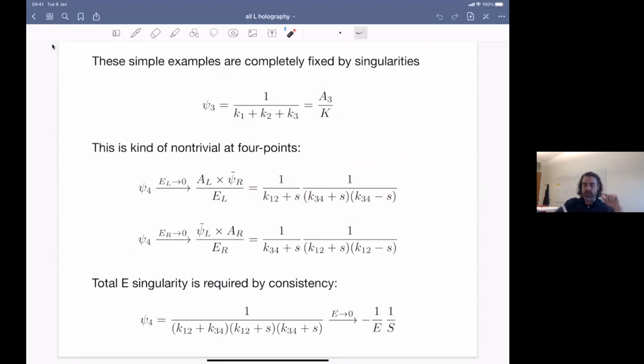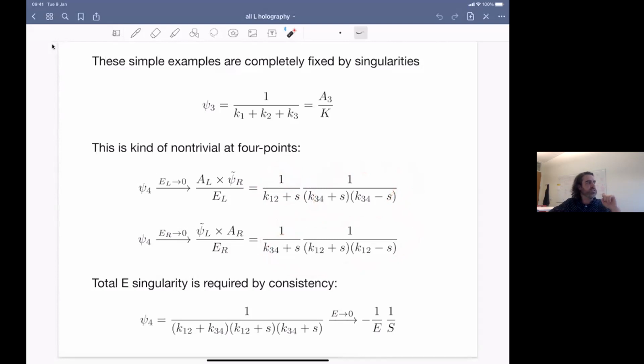Sorry, that's backwards. This is the left energy, K12 plus S. The left amplitude is just 1. This shifted wave function coefficient, if you compute it in this particular example, takes this form. I apologize for the confusion. And then the right partial energy singularity is the same with K12 and K34 flipped, so it looks like this.